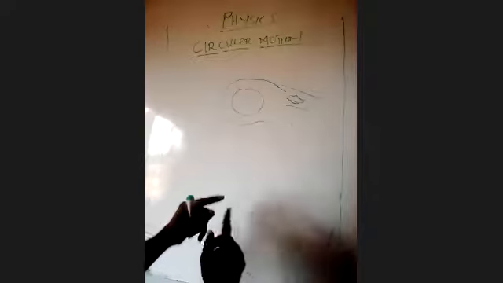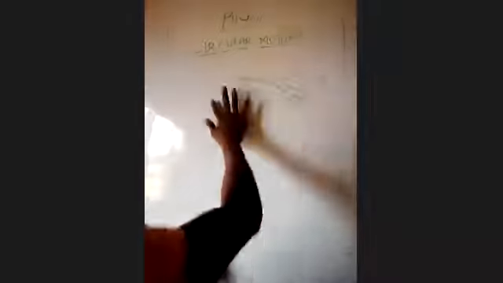Another one is a stone moved in a horizontal circle. When you tie a stone to a thread and move it horizontally, it will definitely move in a circular path. That is another example of circular motion.